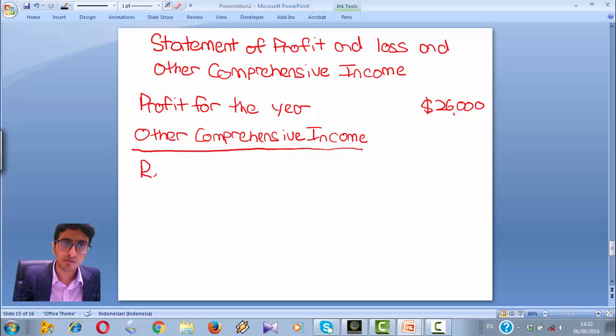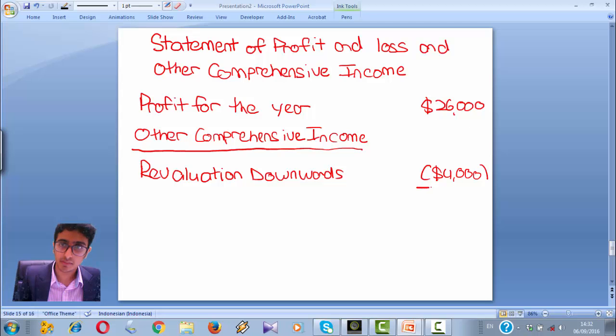Instead, it was a revaluation downwards. Yes, by $4,000. That means I'm now left with $22,000. Okay? Now, again, where does this profit for the year go to? This will go to the retained earnings.